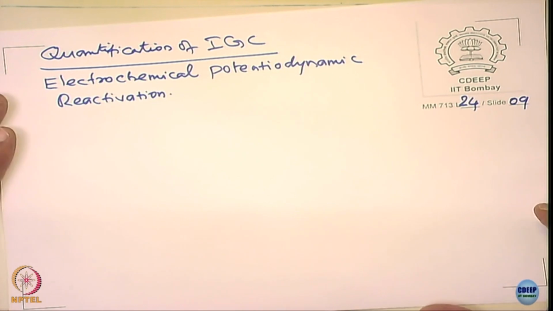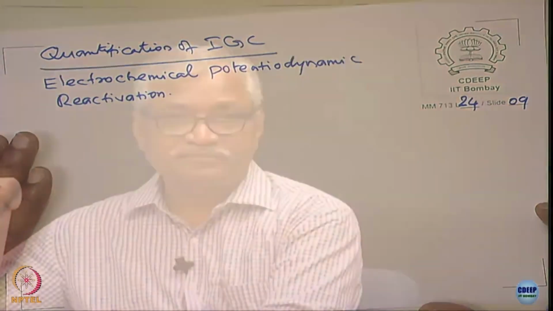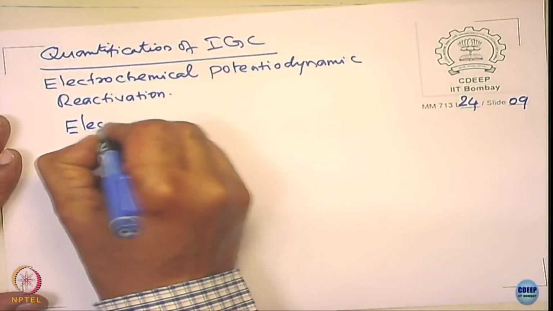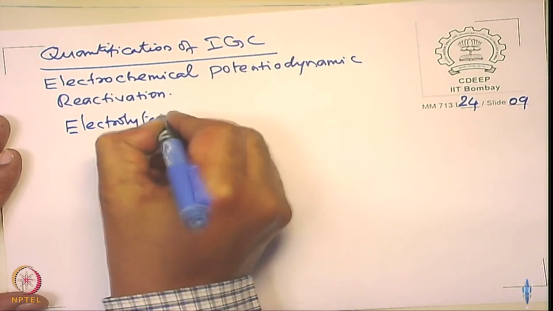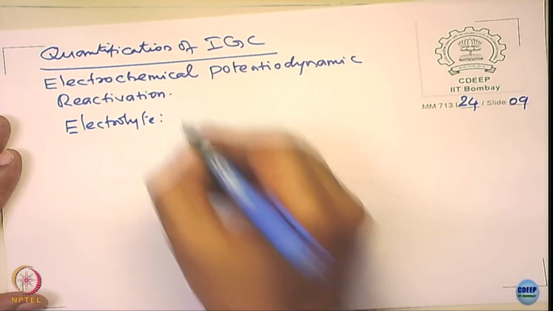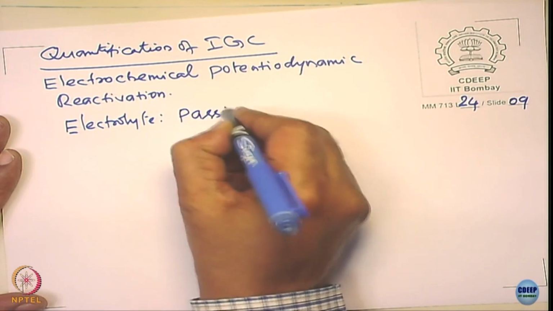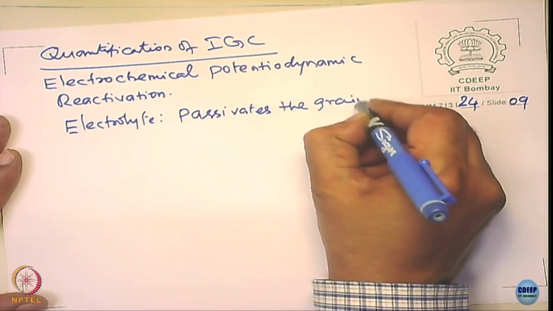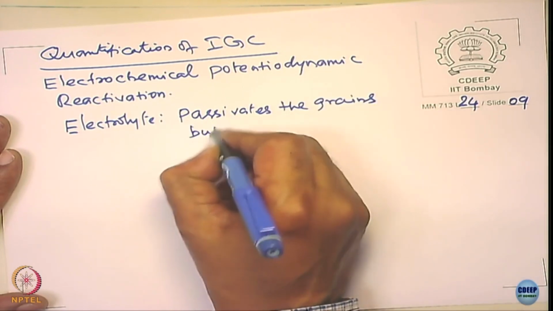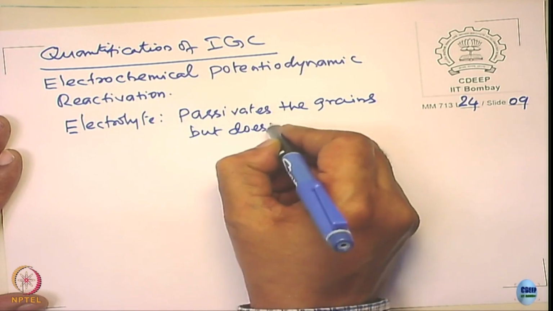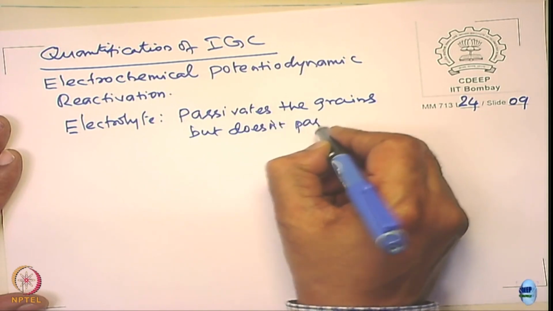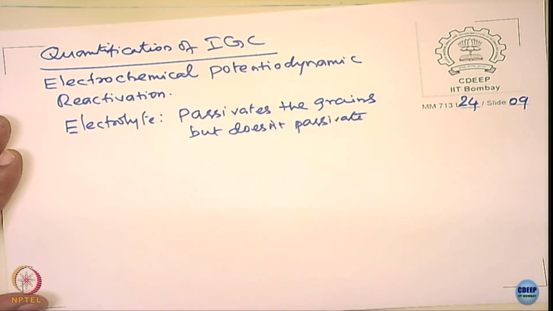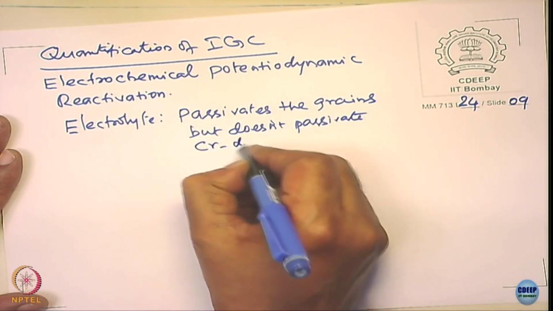Now what is the basis of this test? What is the science behind it? The science behind it is you choose an electrolyte that passivates the grains but does not passivate chromium depleted grain boundaries.